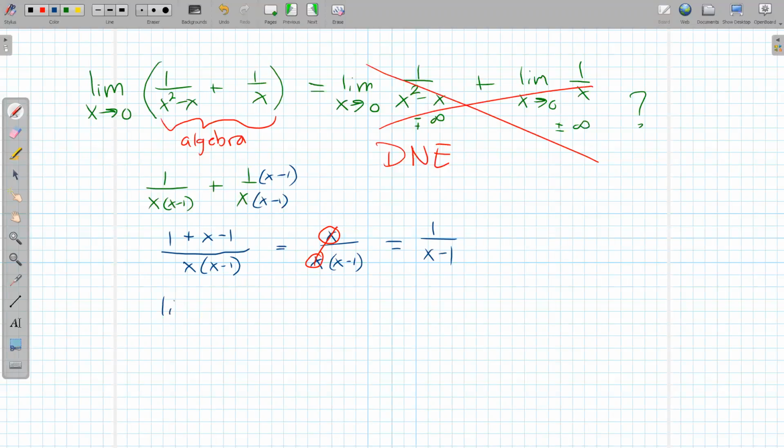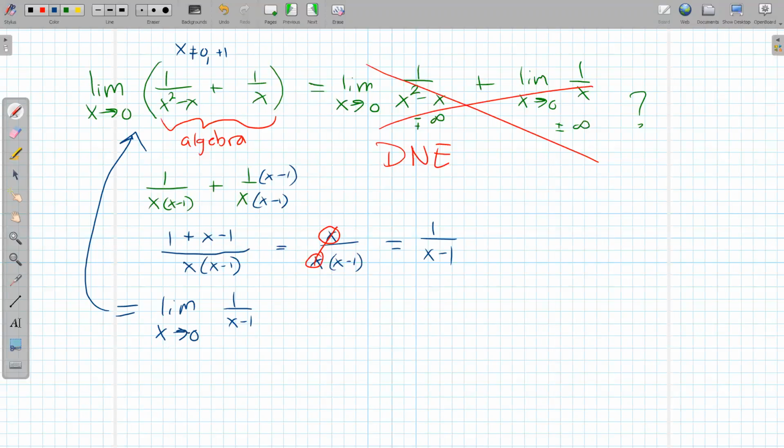And now if I take the limit as x goes to 0 of this new version, which is equal, based on my algebra, to the original with a slight catch. The original one, the domain here is all real numbers except x cannot be 0 and x cannot be +1, sorry. And so that's still true here.